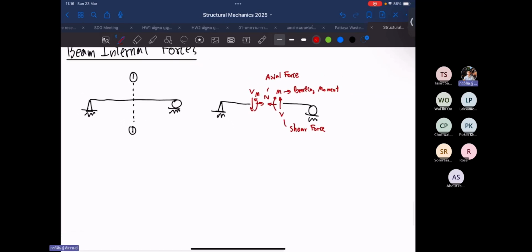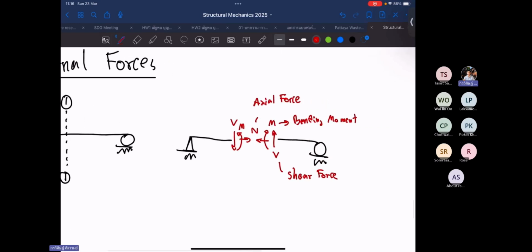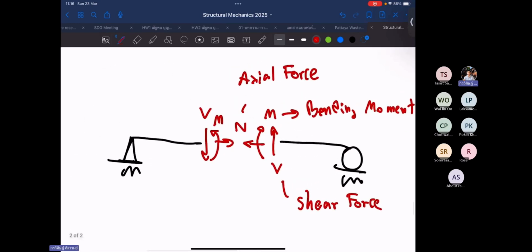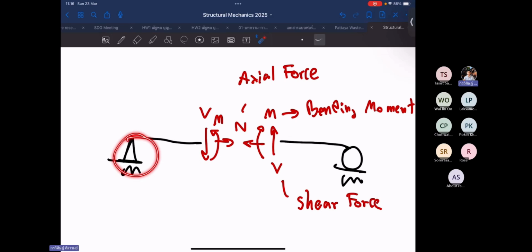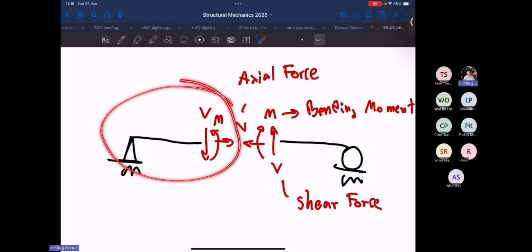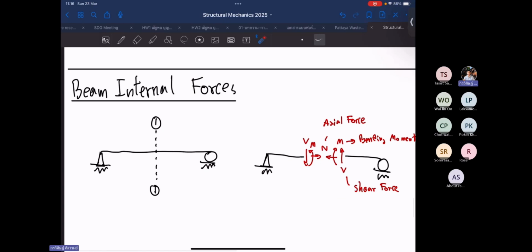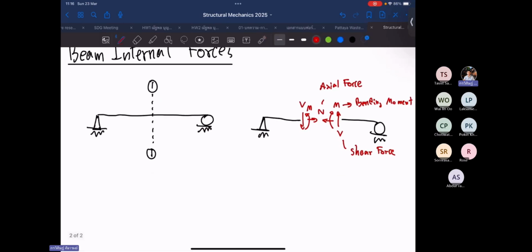First, we will cut the beam this way, and once we cut the beam, we can analyze it like a rigid body. You have the support. You can detach the beam from the support and represent it by reaction, and then you can determine it as a rigid body.